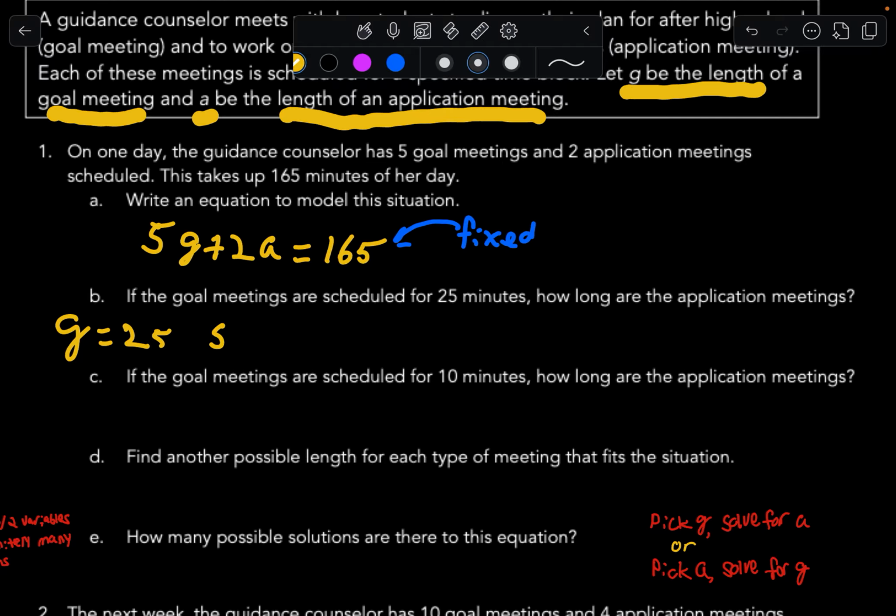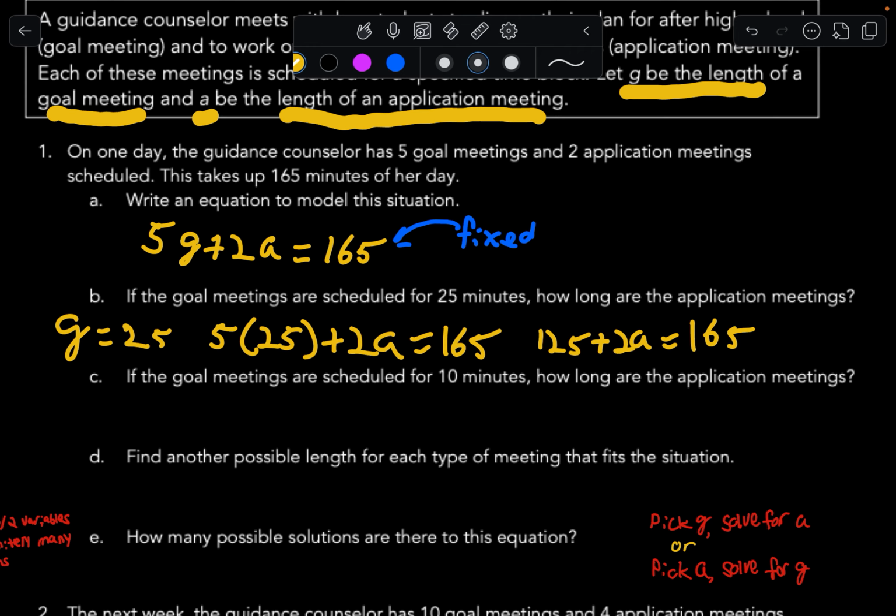We would have 5 times 25 plus 2A must equal 165. Well, 5 times 25 is 125, plus 2A equals 165. Now this is just a 2-step linear equation.